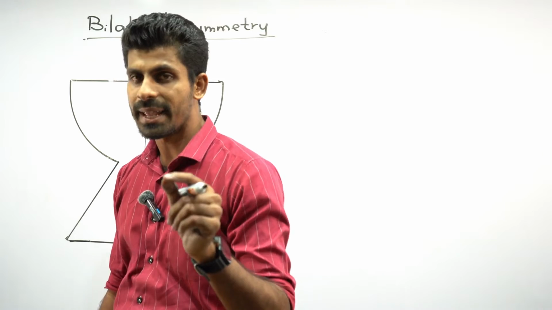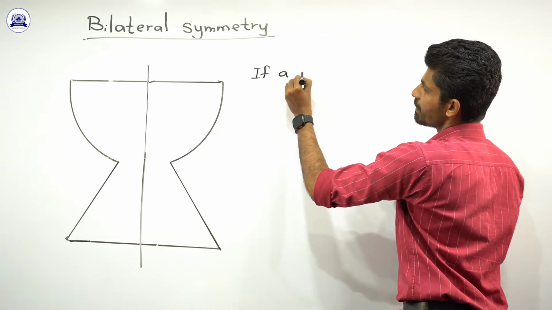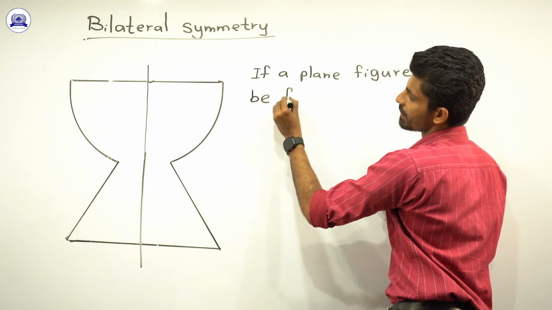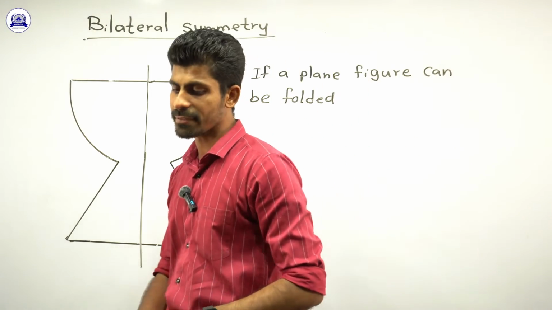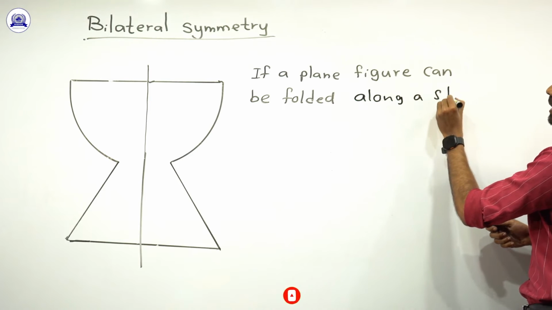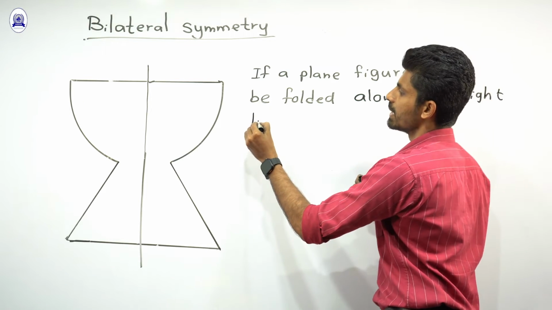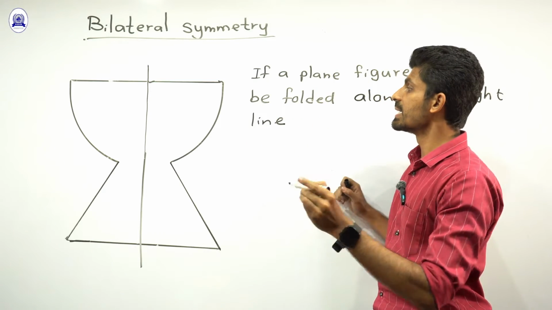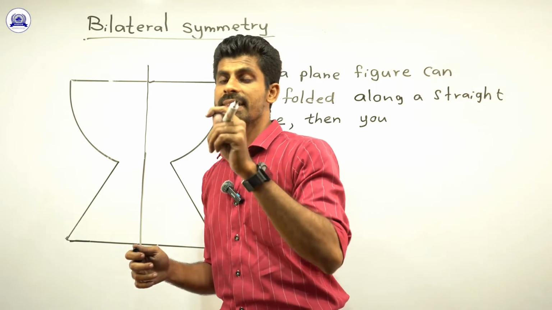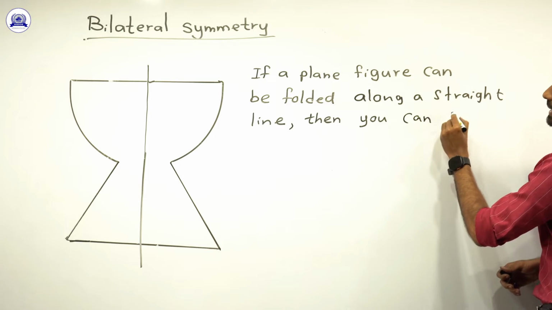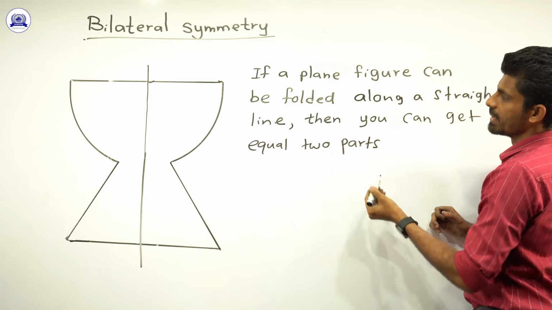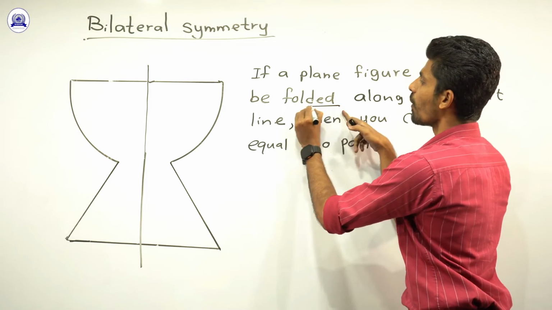So that means if a plane figure can be folded along a straight line, then you can get equal two parts, which coincide with each other.